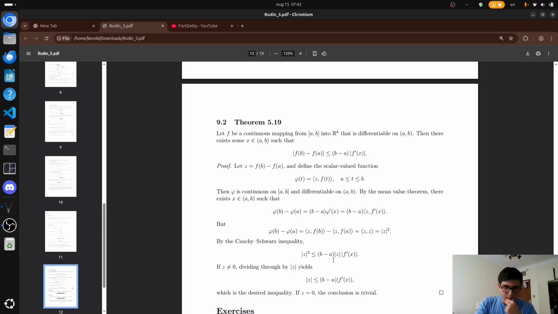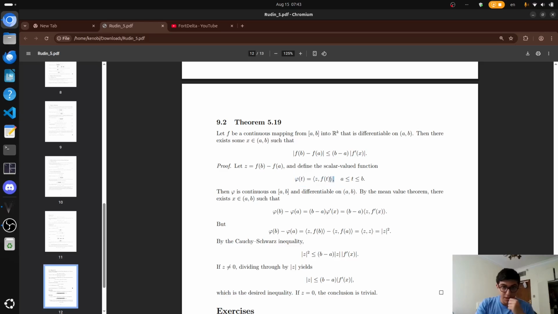But notice that means that this thing over here is equal to z dot f of b minus z dot f of a, because we're just taking the definition of this.